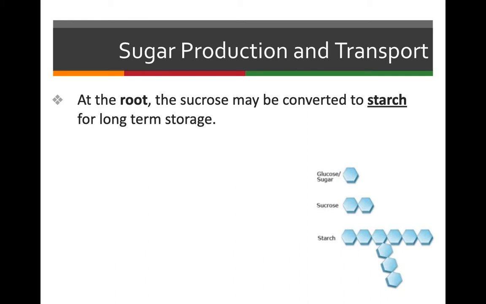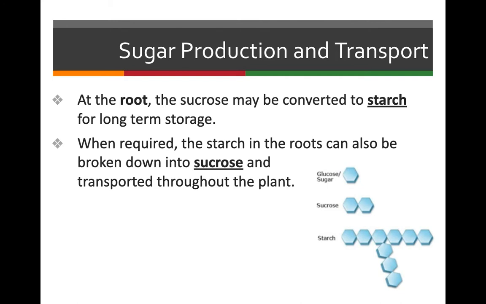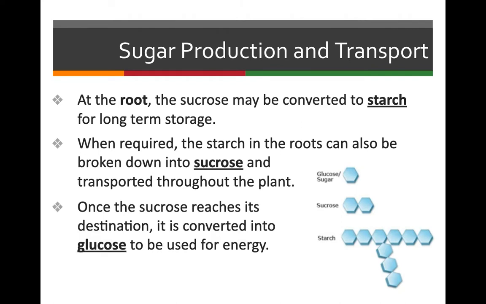If the sucrose is transported to the root for long term storage, it's converted to starch. And when it's required, that starch that's being stored in the roots can be broken down into sucrose and transported throughout the plant. And once the sucrose reaches its destination, it's converted back to glucose, which can be used for energy through cellular respiration.